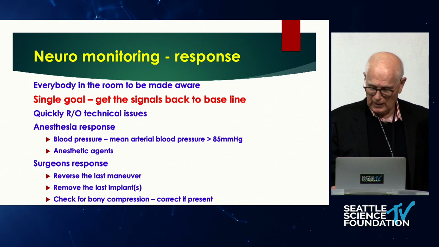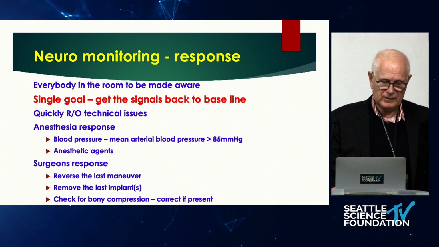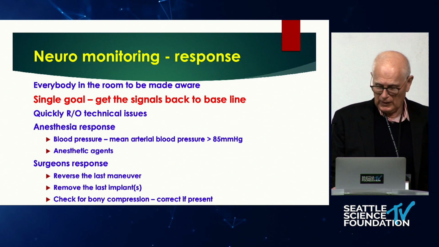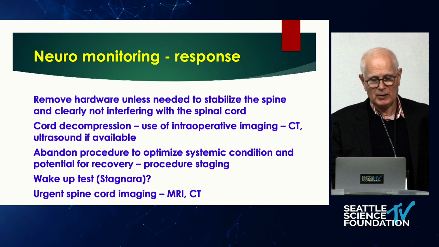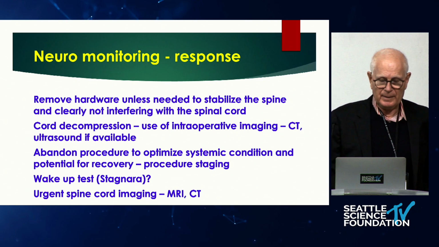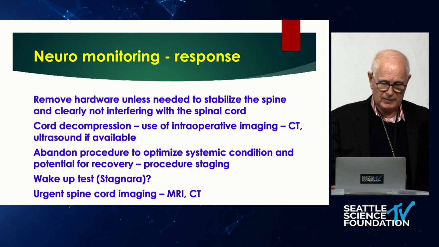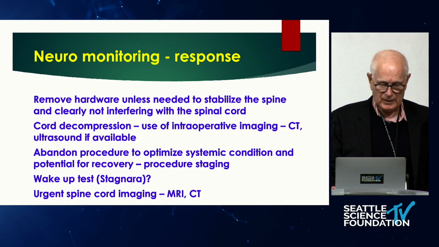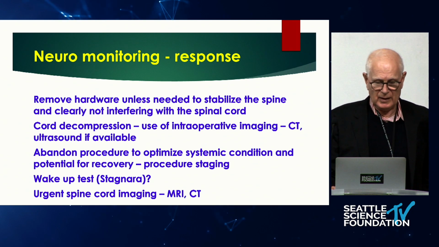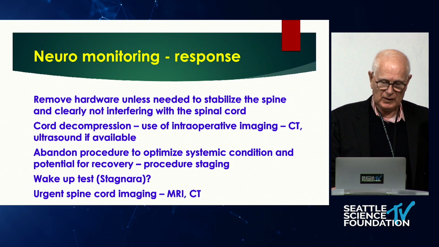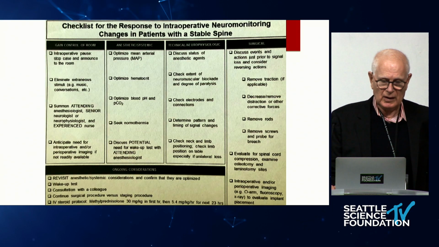So rule out the other issues, get the anesthesia on board, and of course the surgeons reverse the last maneuver, remove implants, check for any bony compressions, remove the hardware unless it's absolutely necessary to stabilize the spine, decompress the cord, and if worse comes to worse, abandon the procedure, optimize the systemic conditions, and try to get the child into urgent spinal cord imaging, such as MRI or a CT, to see if you can recognize the problem.